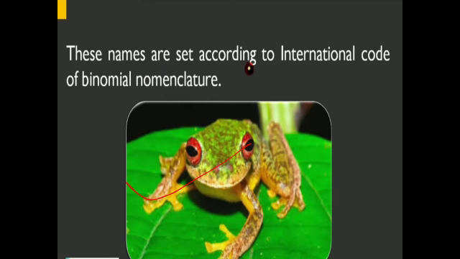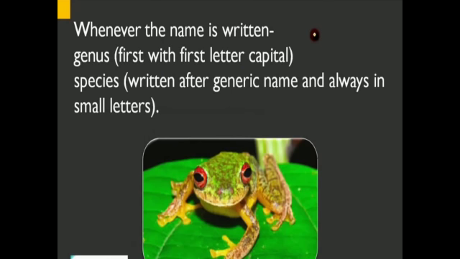This way we classify it. Whenever the name is written, the genus, that is the first name, is always written with a capital first letter. Suppose we want to write Rana, so R is written in capital.